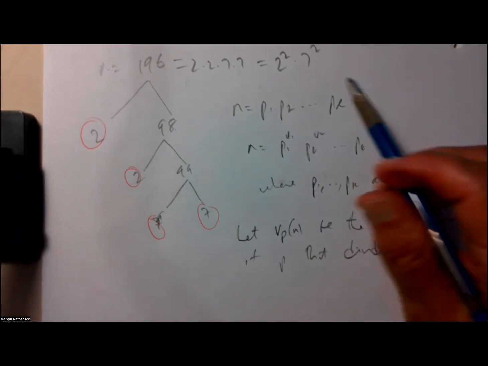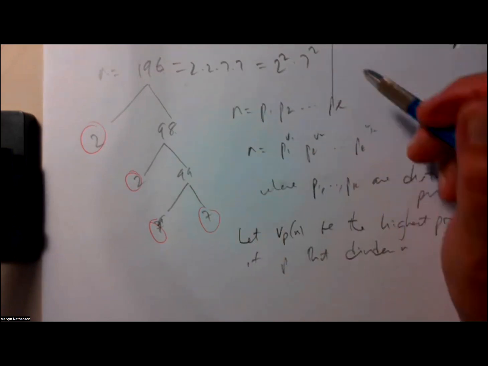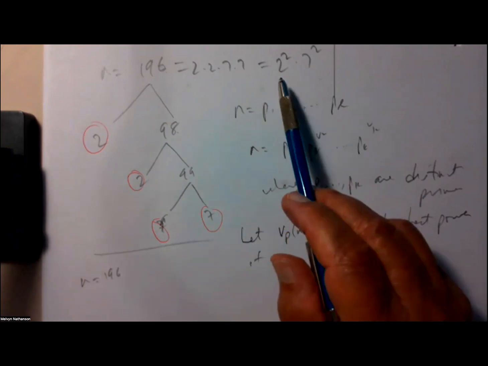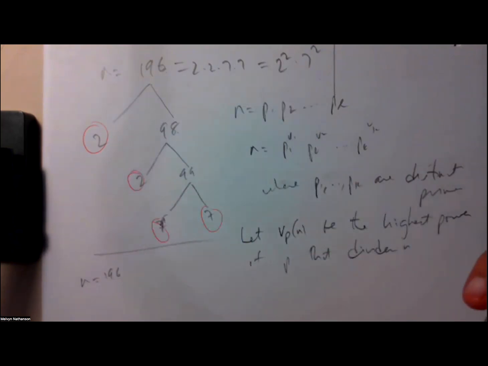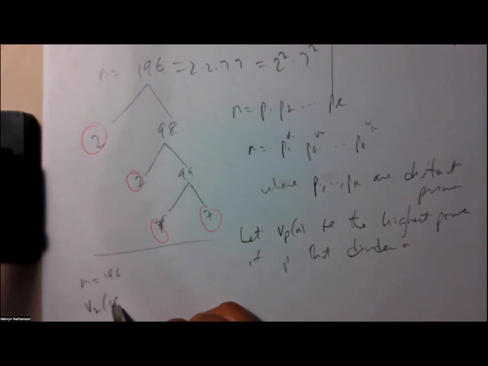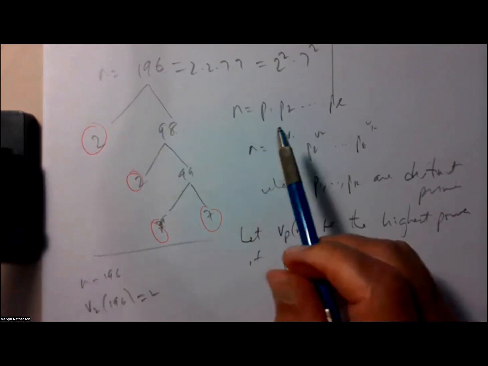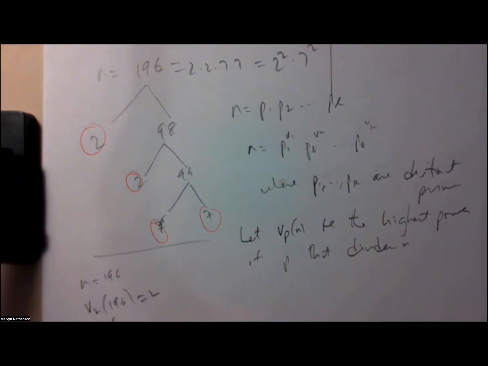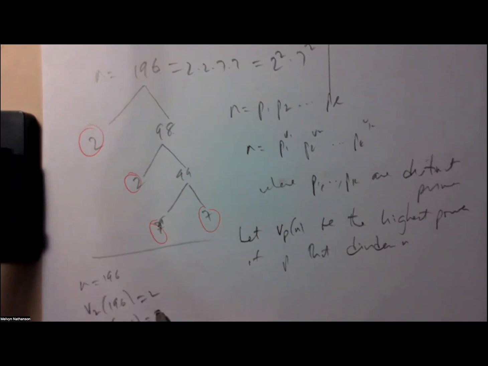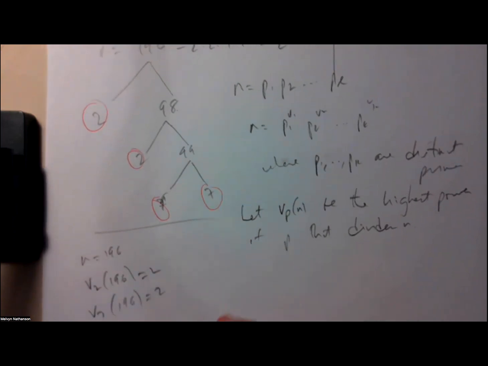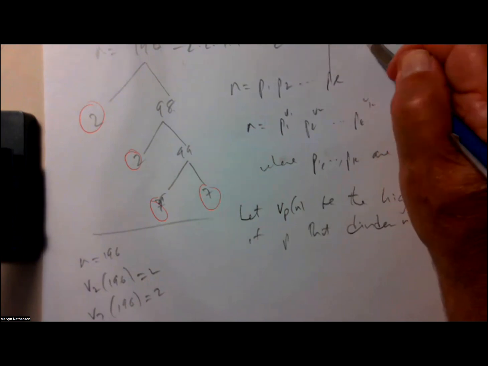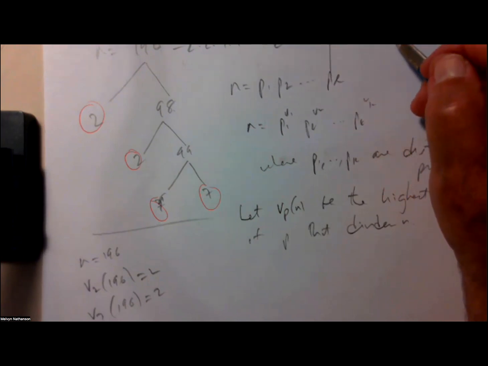So for example, for 196, what's the highest power of 2 that divides 196? v sub 2 of 196 is 2. The highest power of 7 that divides 196 is also 2. What's the highest power of 3 that divides 196? Well, you can think of this as 2 squared, 3 to the 0th power, 7 squared.